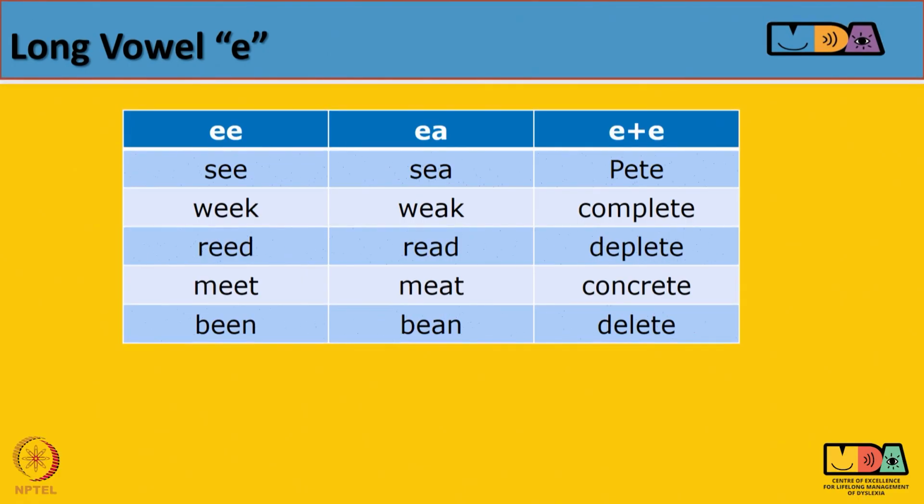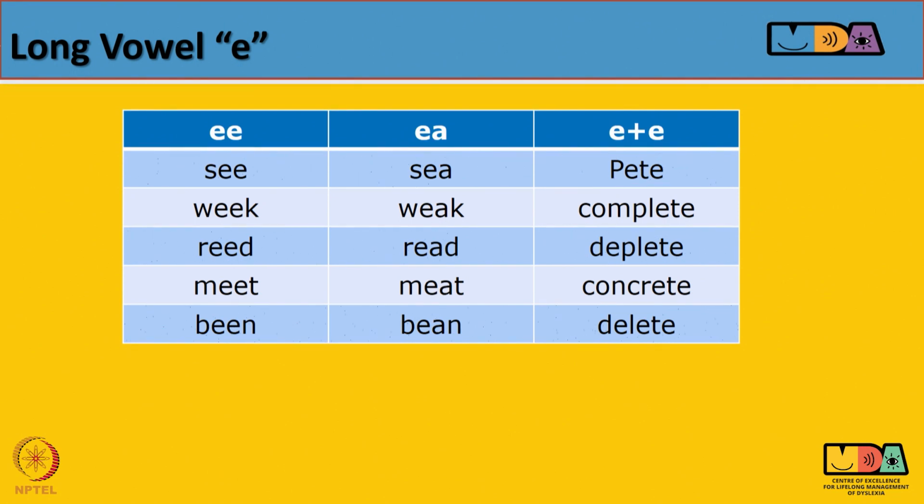For instance, we have a lot of homophones in EE and EA, which you can see straight away in the slide. Meet and meat. Both sound the same, but one has 2 E's and the other one has EA.